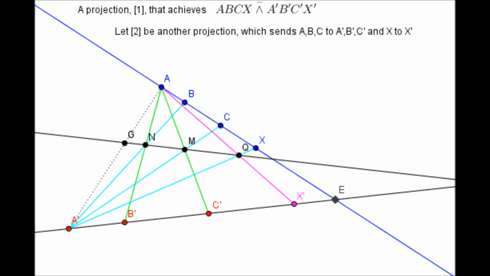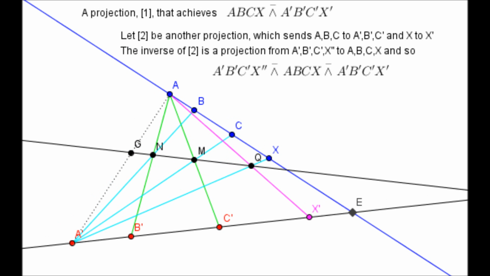We're making this assumption that there could be another projection which sends X somewhere else.